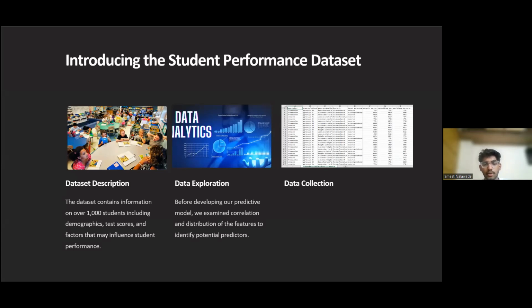Before building our predictive model, we are going to examine the correlation and distribution of the features identified as potential predictors. Following the data collection, we used various surveys and questionnaires to collect the data of 1000 students, for example their family background, their studying habits, and parental education.